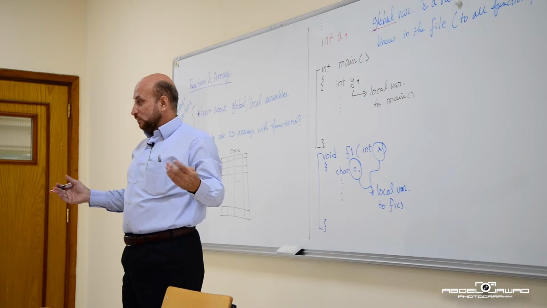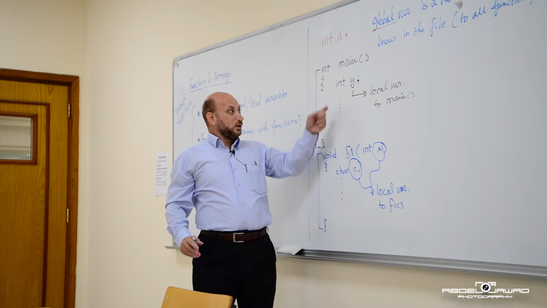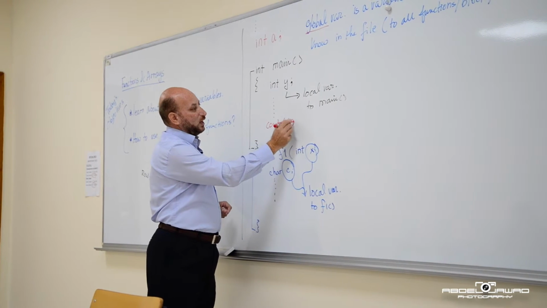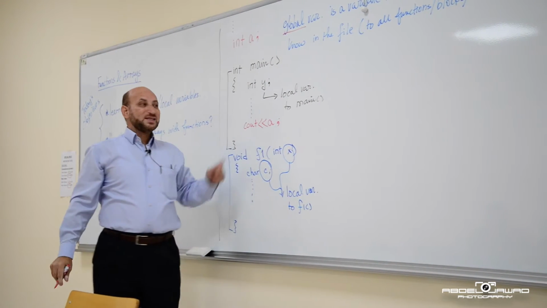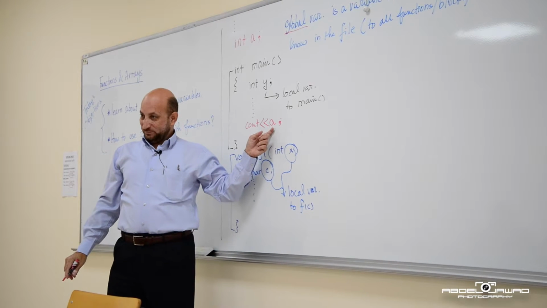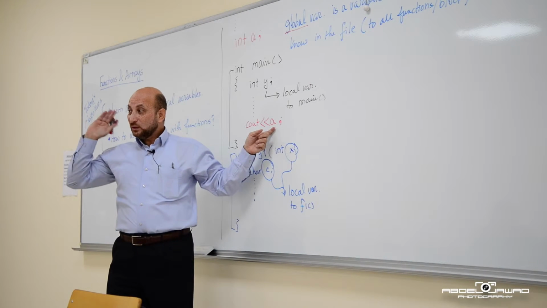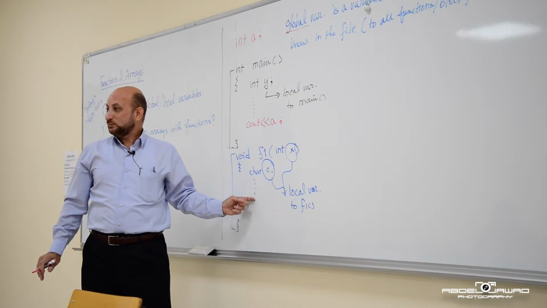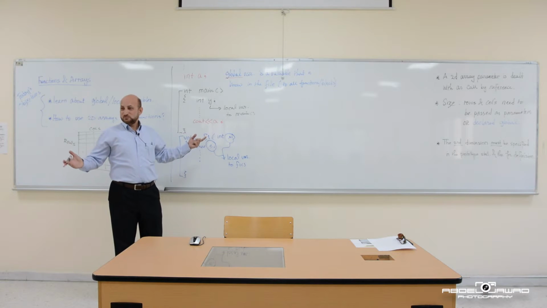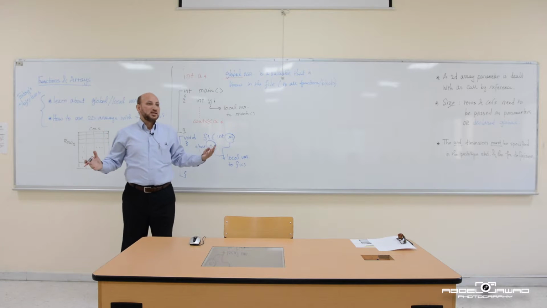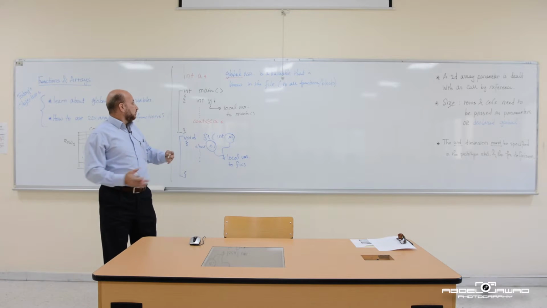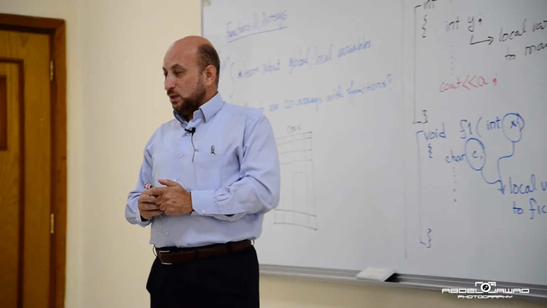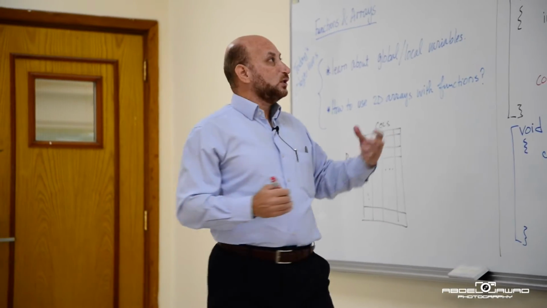So if you are in main and you do cout a, would this be accepted? Yes. If I do it from F1, would this be accepted? Yes, because it's known to me. A global variable can be accessed from anywhere in your file, from any of the blocks that you have inside the file.